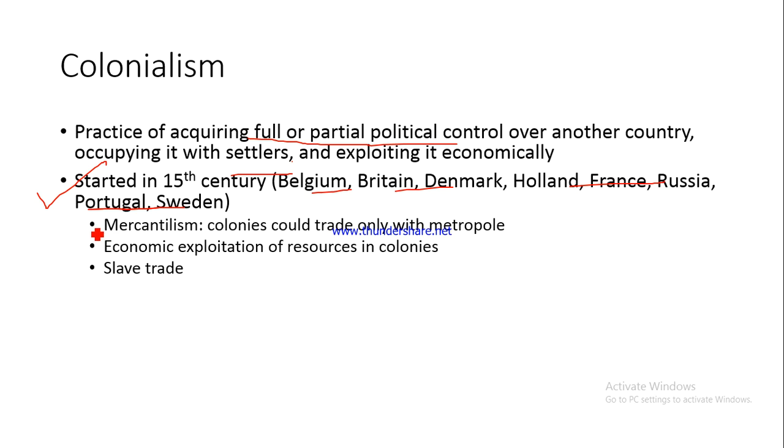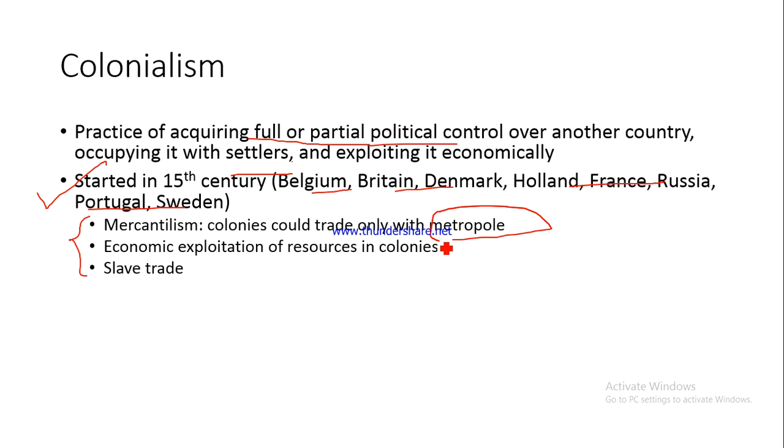Now please understand, colonialism also had different shades, or let's say different variations. So one was mercantilism, in which the colony could only trade with the metropole. Now what do we mean by metropole? I'll explain this term using an example. In case of India, I said Indian subcontinent, which includes the present day India, Pakistan, Bangladesh and Burma also.